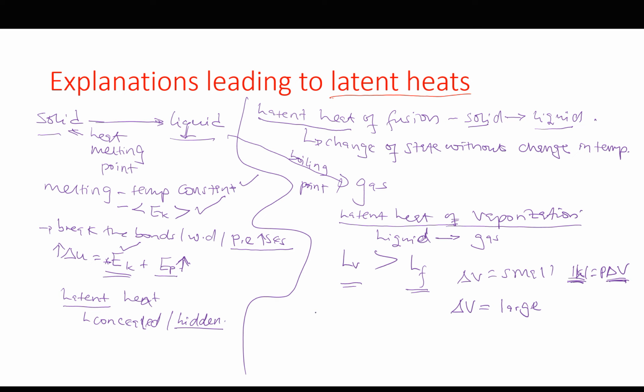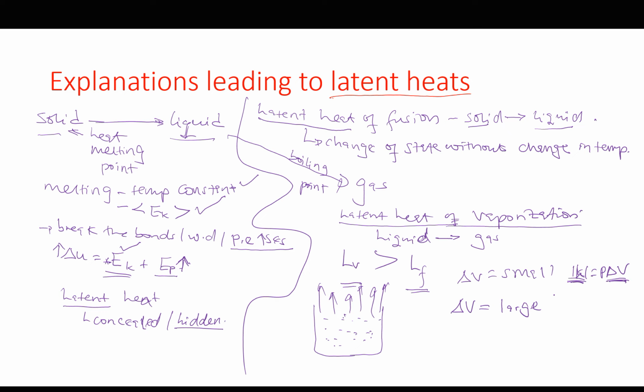If this is a liquid which is boiling, the molecules trying to escape here have to push against the atmosphere. So a lot of work is done to push against the atmosphere as these molecules escape the liquid state into the gaseous state. Because a lot of work is done, it means also a lot of energy is going to be required. For this reason, the latent heat of vaporization will always be greater than the latent heat of fusion.